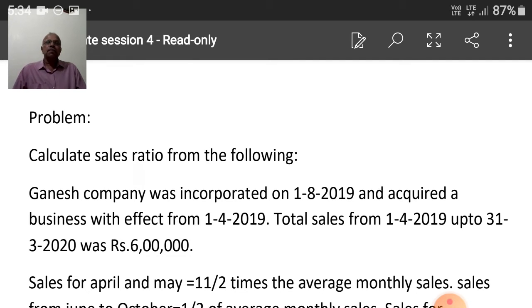And the post-incorporation period is 1/8/2019 to 31st March 2020. The total sales is rupees 6 lakh.